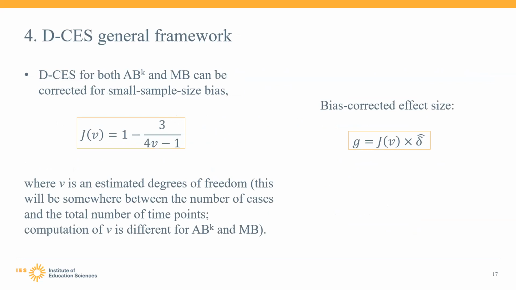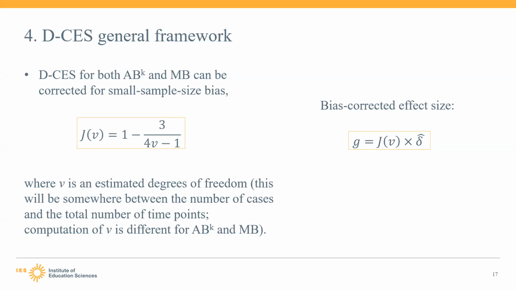The design comparable effect size, as introduced on previous slides, is approximately unbiased if the number of cases is large. However, for sample sizes typically found in single case design studies, the design comparable effect size may be biased.